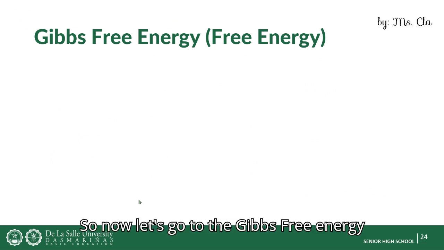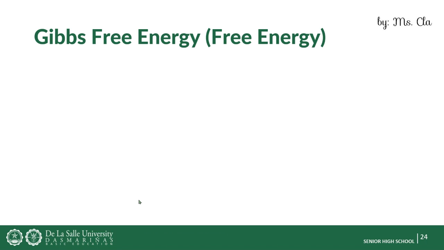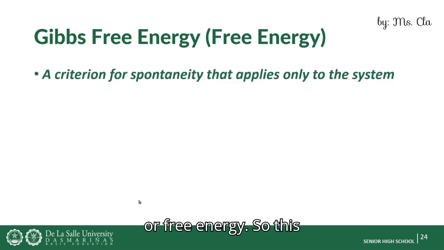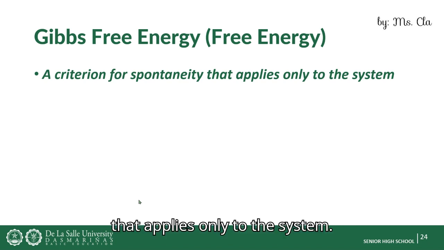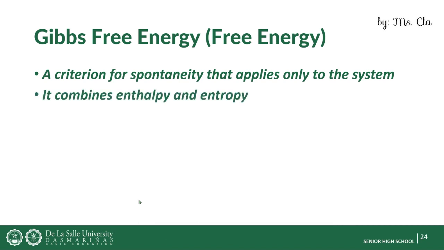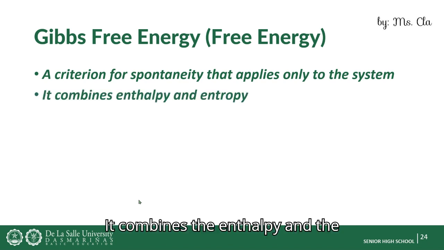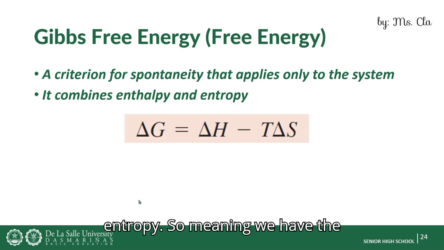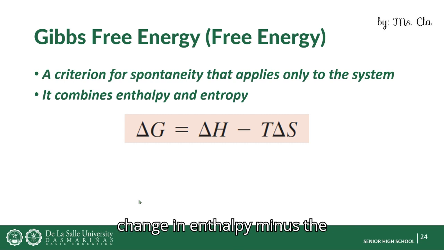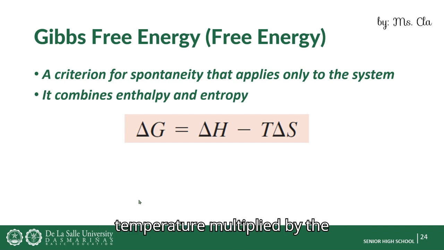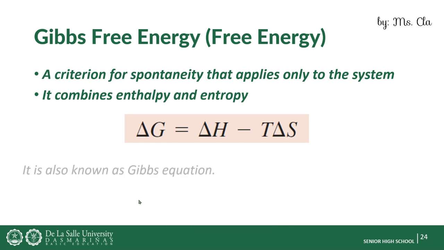So now let's go to the Gibbs free energy, or free energy. This is a criterion for spontaneity that applies only to the system. It combines the enthalpy and the entropy. So the change in free energy is equal to the change in enthalpy minus the temperature multiplied by the change in entropy.